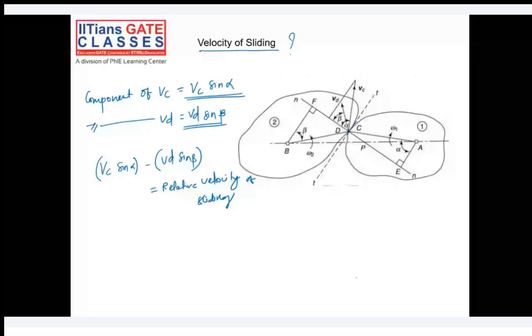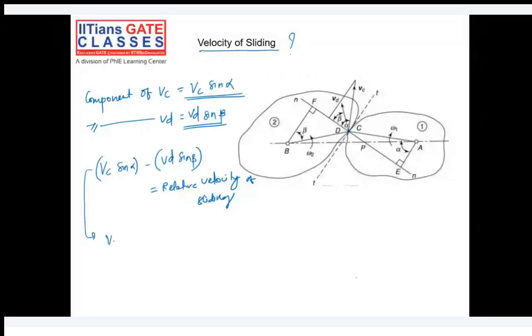Vc, let's keep it as it is. What does Vc mean? Omega 1 into AC, right? And what is sine of alpha? Sine of alpha is perpendicular divided by hypotenuse, that is EC divided by AC, minus Vd, which means omega 2 into BD.